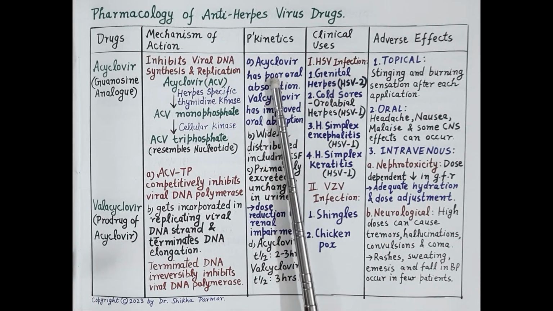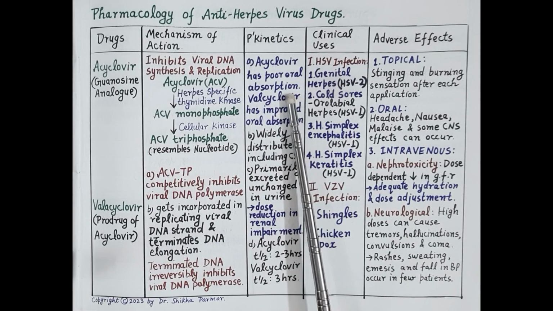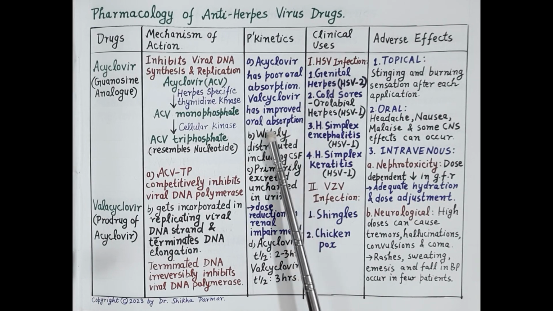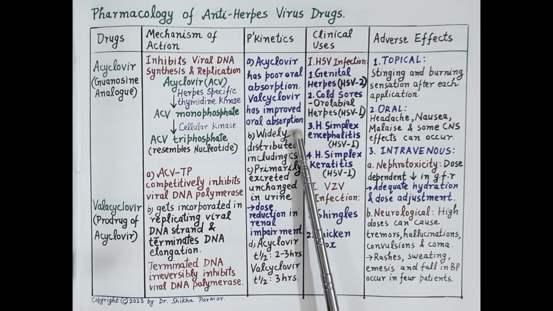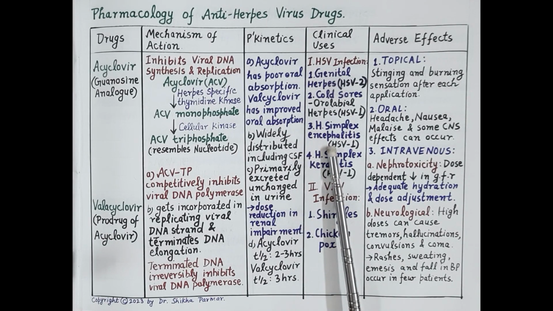Now, some important pharmacokinetic features of acyclovir and valacyclovir. As already discussed, acyclovir has poor oral absorption, while valacyclovir has improved oral absorption. These drugs are widely distributed in the body, including the cerebrospinal fluid, and therefore they are very effective in the treatment of herpes simplex encephalitis.